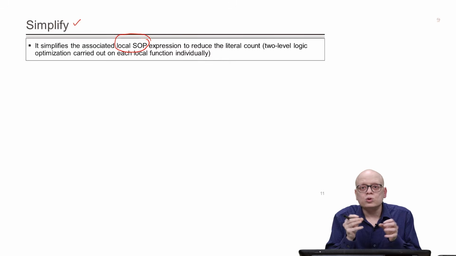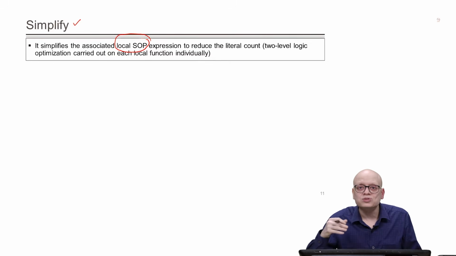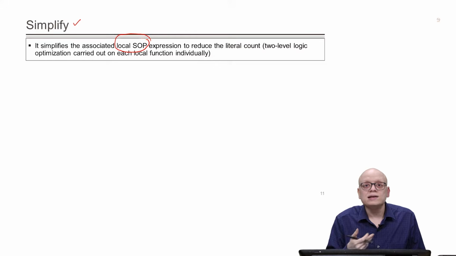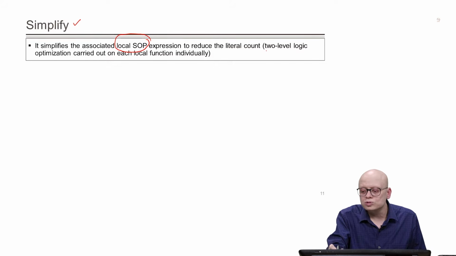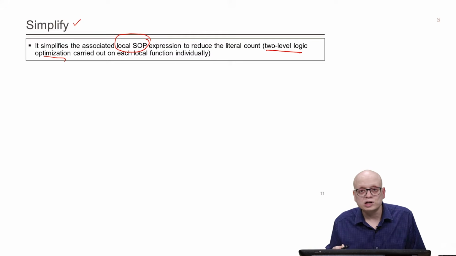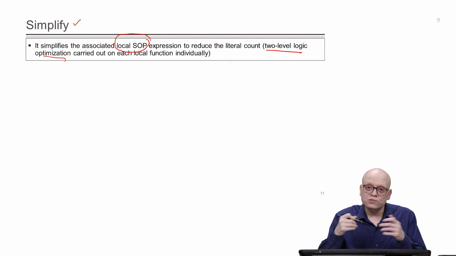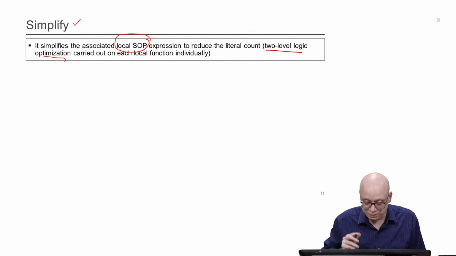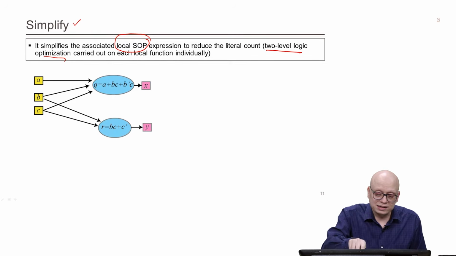So it works locally on each of the vertices and tries to optimize it or reduce the number of literals in the local functions, right. And since it is in SOP form, we can simply use a 2-level logic optimizer for this, right. For example, espresso that we discussed in the last class, we can directly use in the transformation simplify.